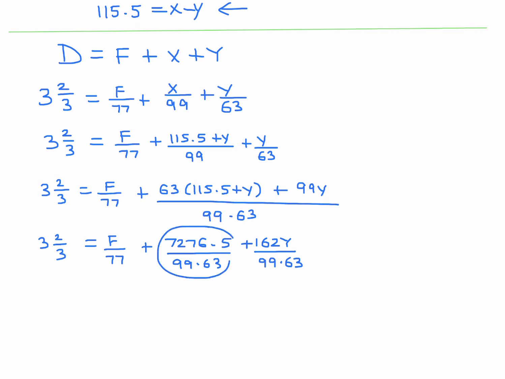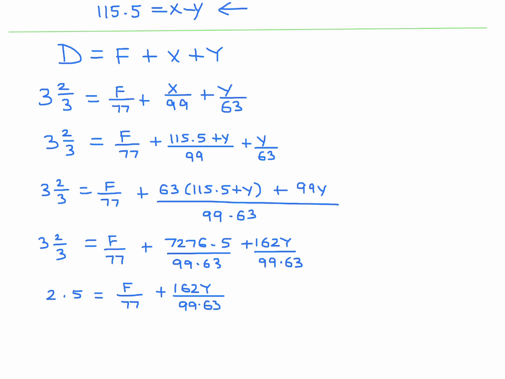So now this is a number, so I can just bring that over to the other side. And when I subtract it from this, interestingly, it gives me 2.5. So that's a nice number. And all I'm left with on this side is f over 77 plus 162y over 99 times 63.